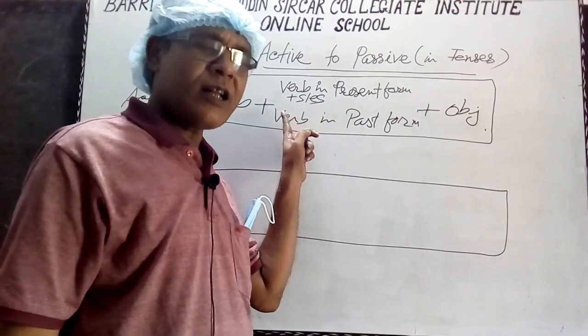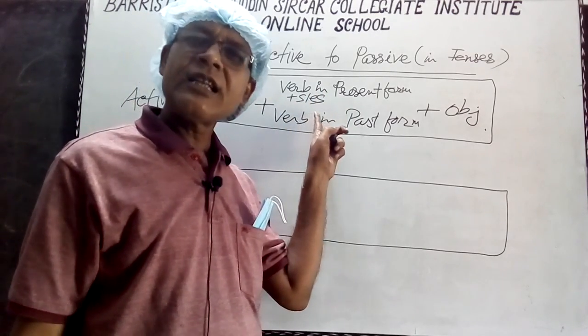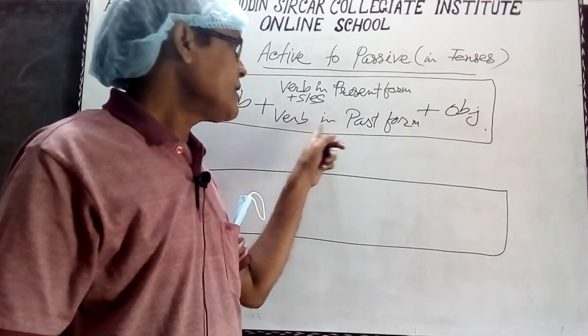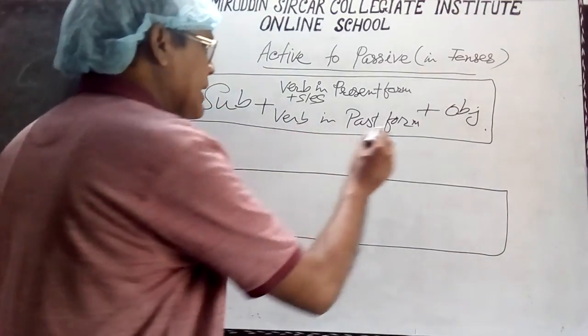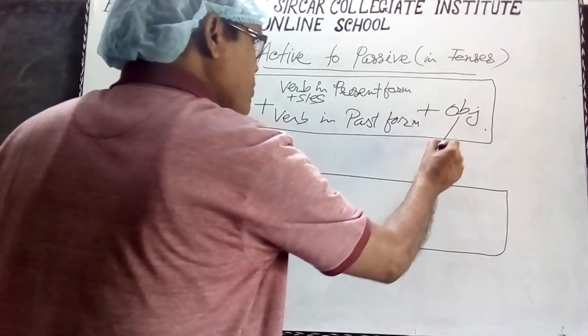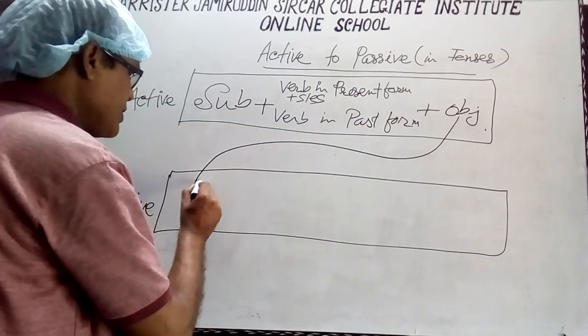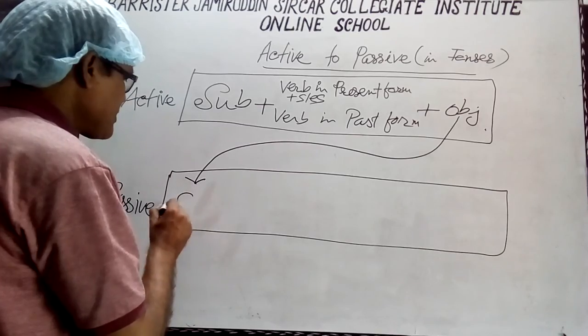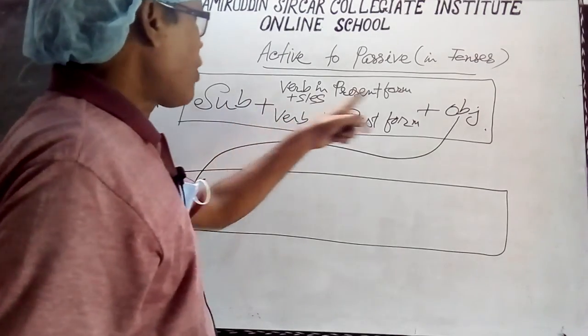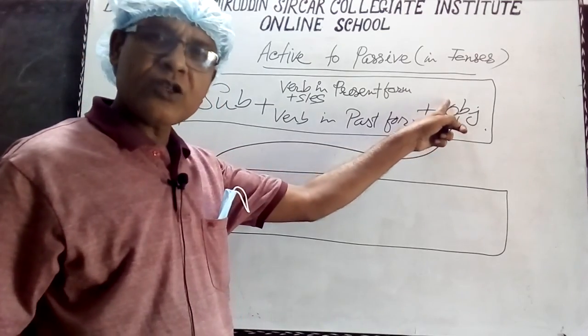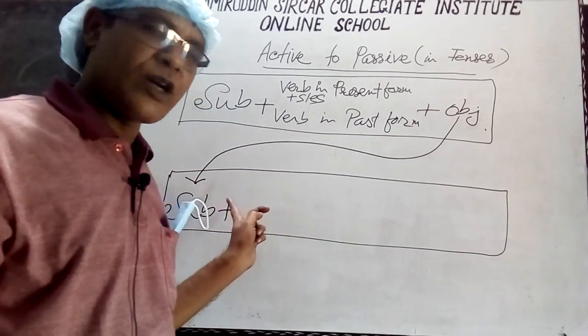But when the verb is in the past form, then it is in the past indefinite tense. So now we can change active to passive. The object will be the subject. The object of the active voice will be the subject in the passive voice.